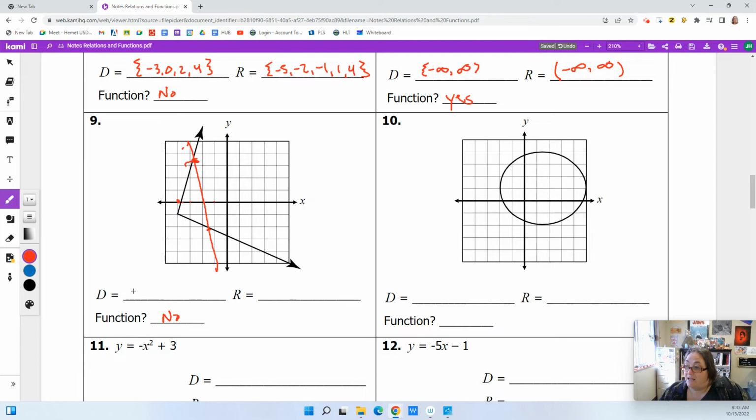So we could say our domain is x is greater than or equal to 5. Our range, however, goes forever up to infinity and forever down to infinity. So our range would still be negative infinity to positive infinity.